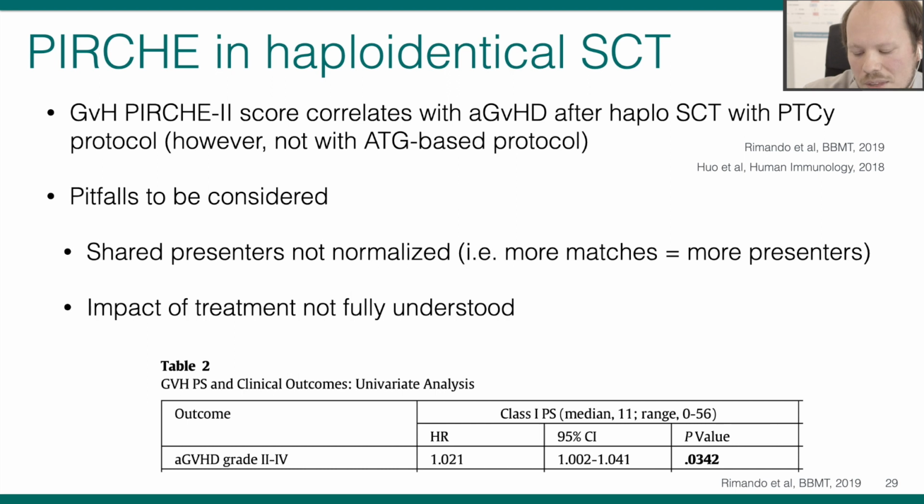However, before that, a Chinese group published that this does not work in an ATG-based protocol. So probably the treatment has here an important effect, and we are not entirely sure to what extent this impact actually has to be taken into account.